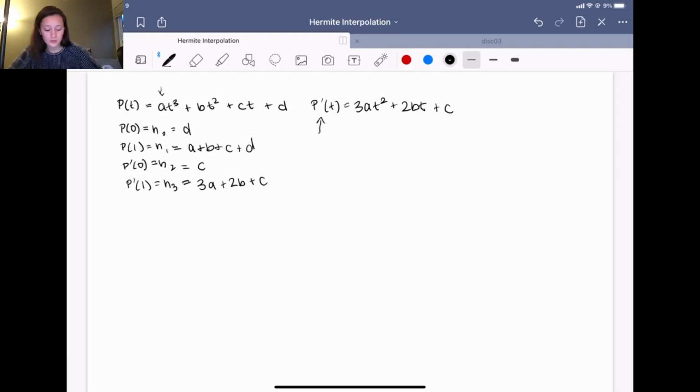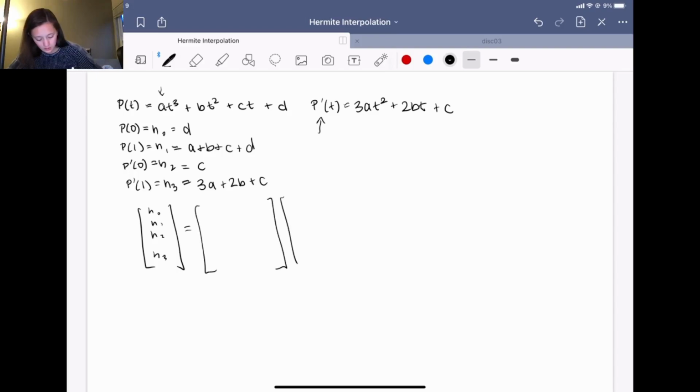Okay, so now we're just going to write this equivalence in matrix form. So this will be equal to some matrix, and A, B, C, D. Okay, so let's just walk through this.